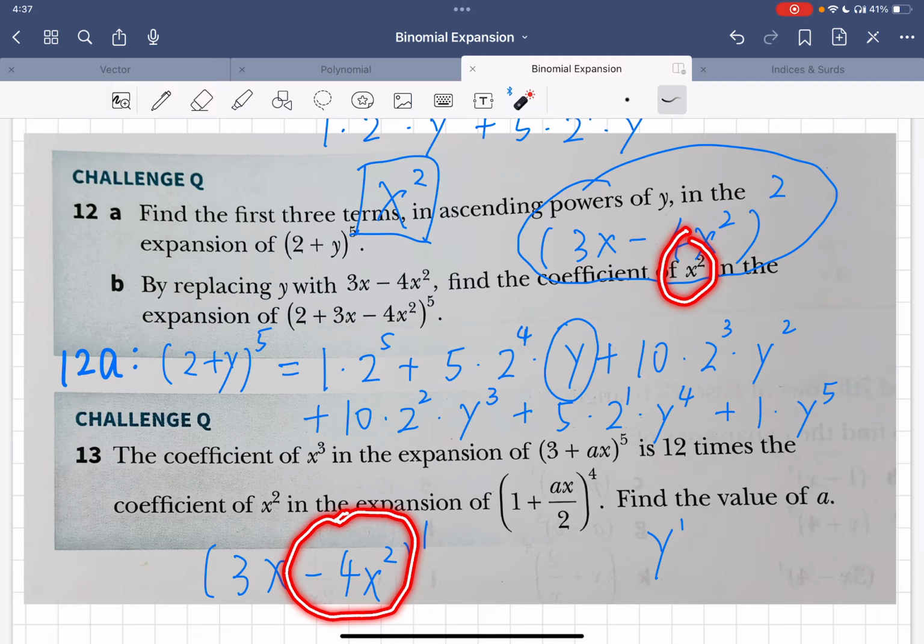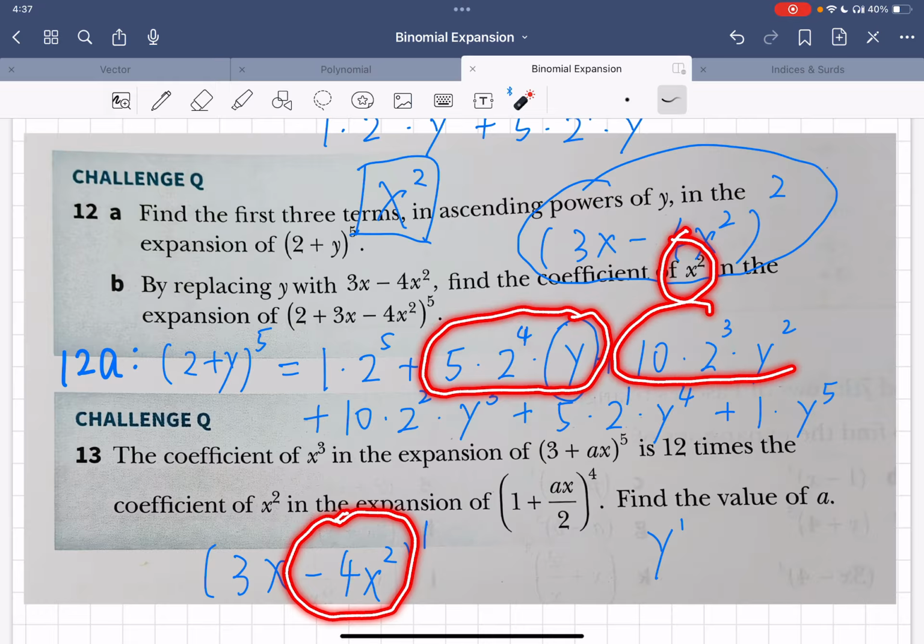So in this case, we need to find two terms. The first term is for y to the power 1, and the second term is the following term, y to the power 2. Remember to remove the terms that we don't want, the higher power terms or the lower power terms.